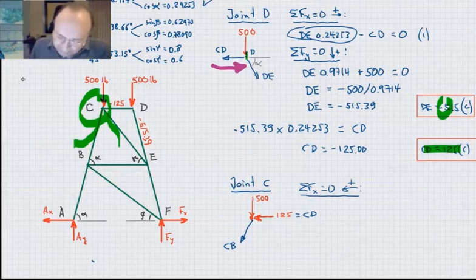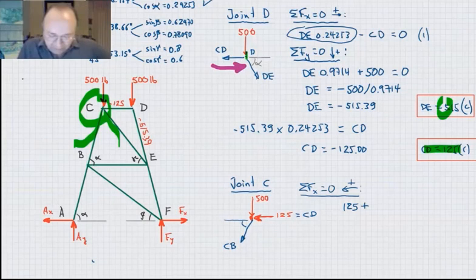So I go here, 125 plus CB. Oh, this angle here is also alpha. I haven't finished doing the diagram. We got into the discussion and we didn't finish. The joint C has also a bar CE coming in this direction.